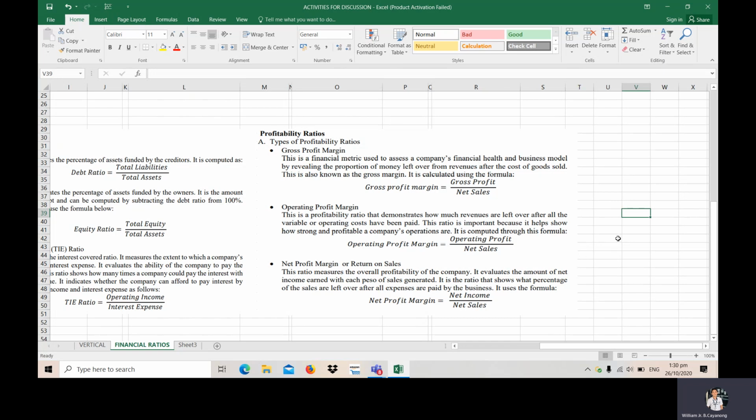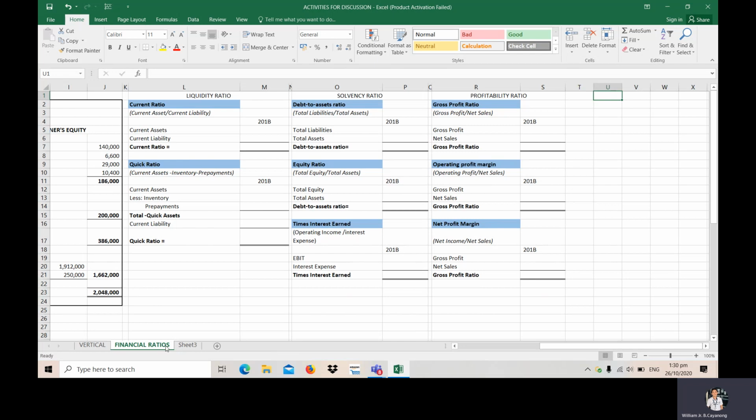It is computed through this formula, operating profit over net sales. So we are measuring the profit percentage over our net sales. The most suggested here is that operating profit should be larger, so we could say that we are really earning and really utilizing our resources.